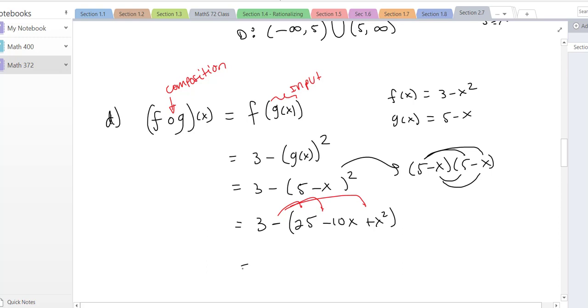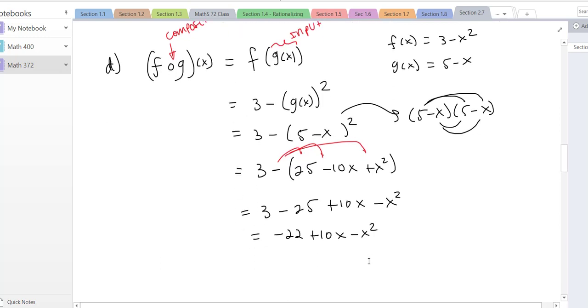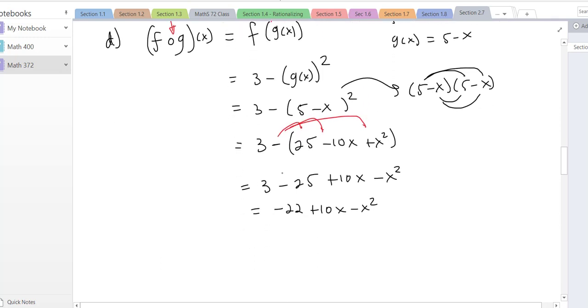And so we end up with 3 minus 25 plus 10x minus x squared. So our final composition will be 3 minus 25 is negative 22 plus 10x minus x squared. And so that will be the composition. And notice that the domain, this is a polynomial, so the domain is all real numbers, so minus infinity to infinity.